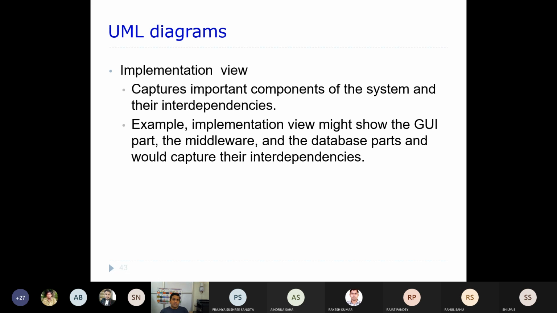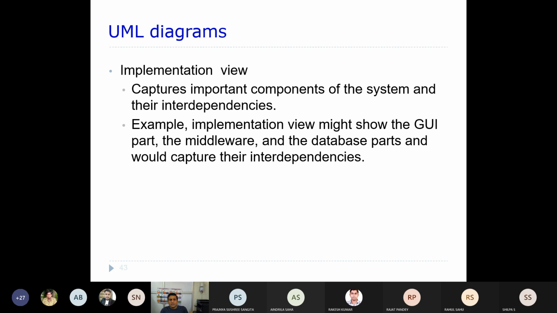For example, you wanted to see the implementation view of a particular software, that is the GUI part, or the middleware or the database part, and you wanted to see how they are dependent on each other.